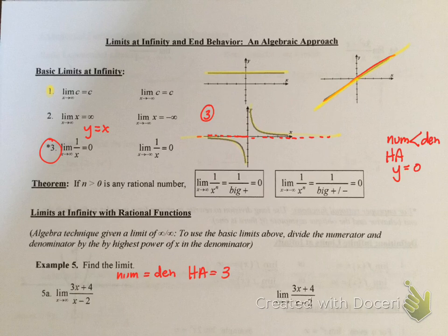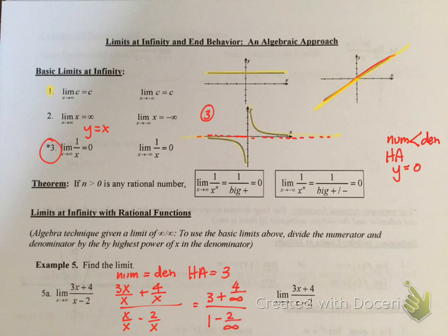So I do 3x over x plus 4 over x, over x minus 2 over x. The x's will cancel out, so I get a 3 in the numerator. Now I have 4 over infinity, x over x is 1, and 2 over infinity, right?